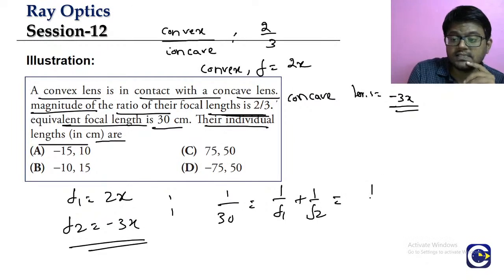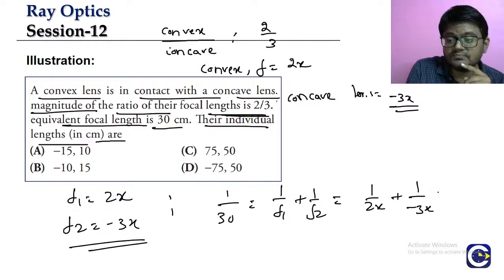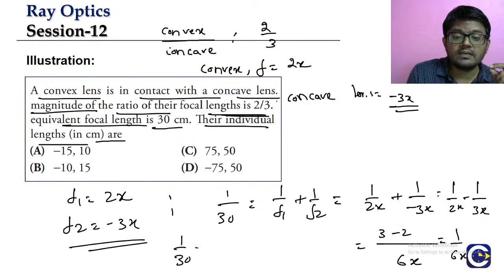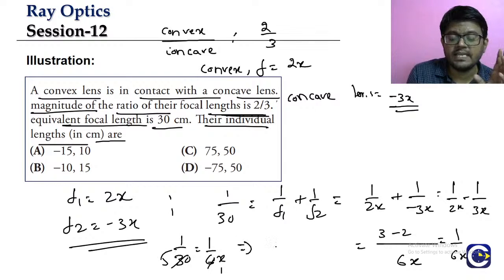So 1 by 2x plus 1 by minus 3x. The denominator is 6x, so 3 minus 2, that is 1 by 6x. So 1 by 30 is equal to 1 by 6x. Cross multiply.